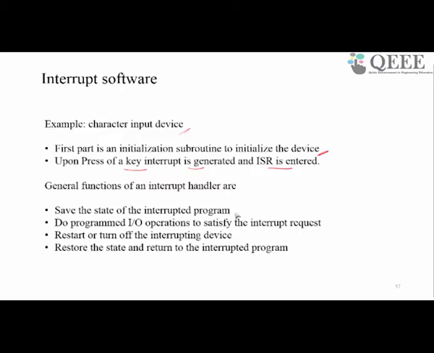Generally, it saves the state of the interrupted program, because when it returns it can restore the state and continue from where it left off. It does the programmed IO operation by reading from the device and writing into the memory and so on. Then it restarts or re-enables the interrupting of the device and returns by restoring the state.